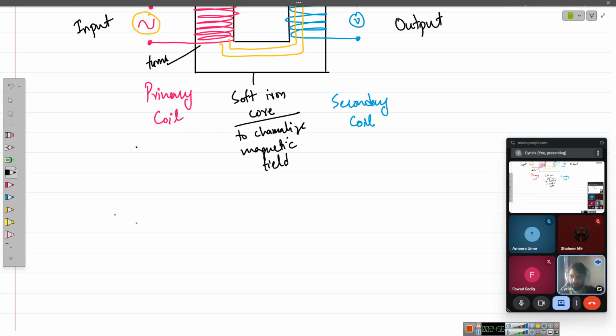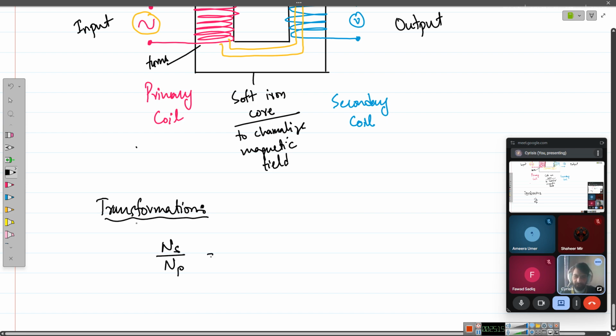So we have the transformation formula, the transformation that occurs. That is basically that the ratio of the turns and the ratio of the voltages are equal. So Ns over Np is equal to Vs over Vp.